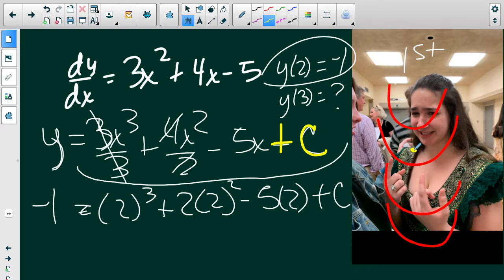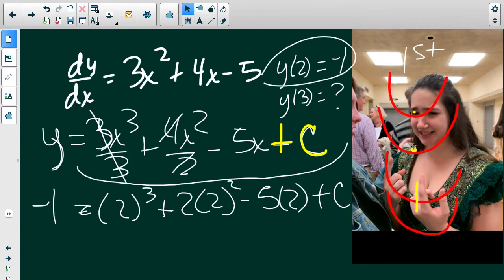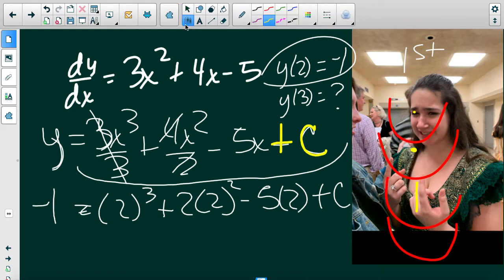If this was x squared minus 1, x squared plus something. But once I give you a point, you know exactly where that thing lies.